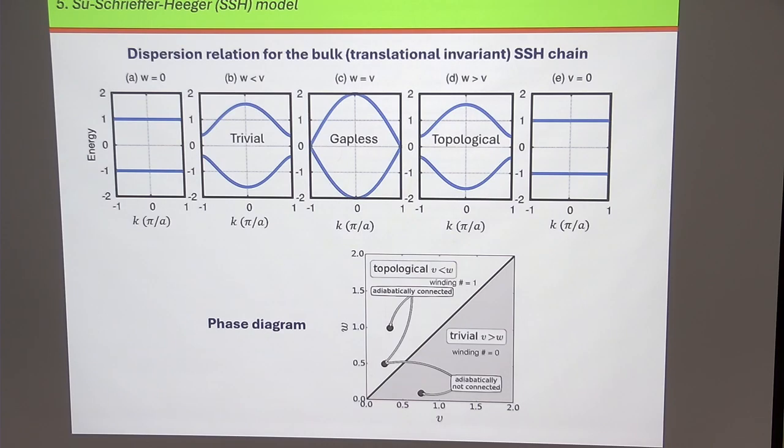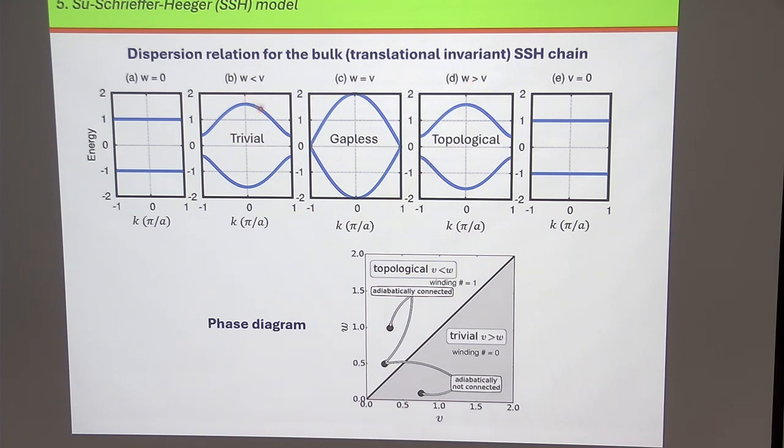You get this gapped phase. You start to increase W, but still keeping it smaller than V, so you still have a gap. When W is equal to V, then you have this topological transition, so the gap closes. You see that it's closing here at the ends, okay? Then it reopens when you have W larger than V.